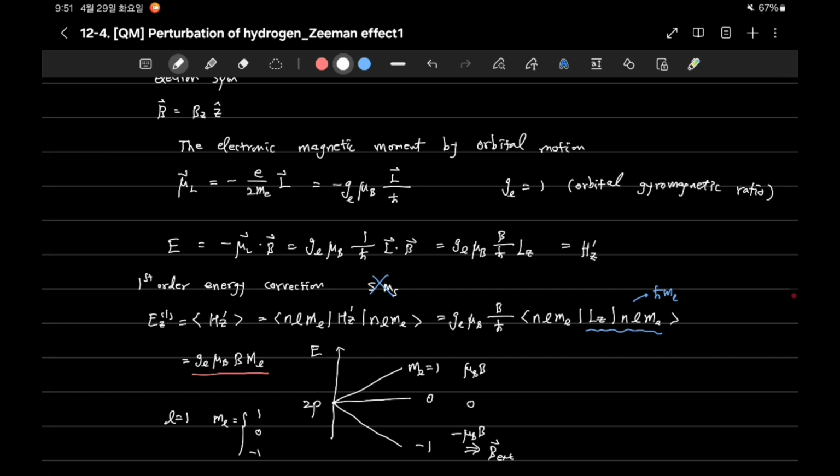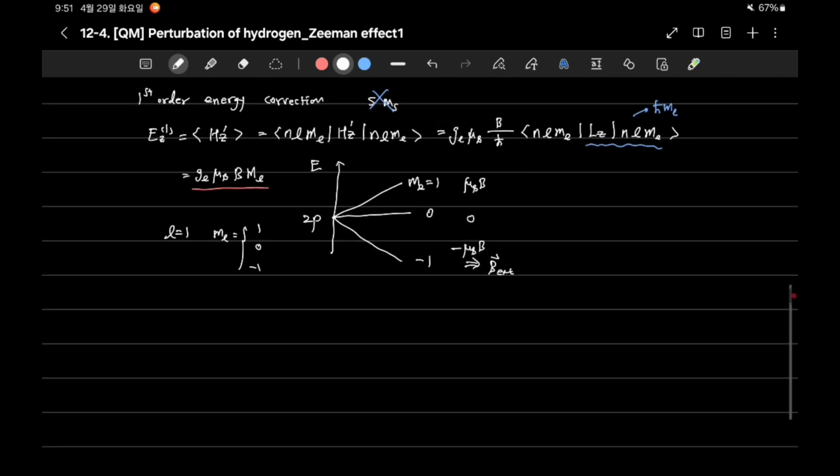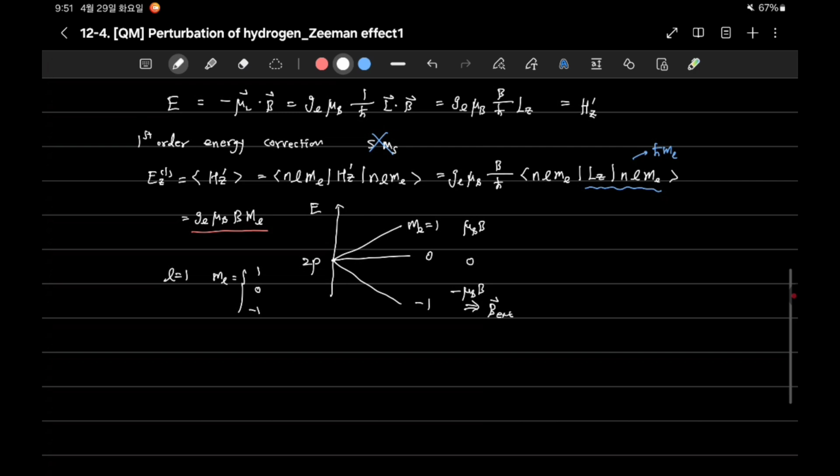We already studied the Stern-Gerlach experiment in the first semester. In the Stern-Gerlach experiment, the magnetic field is not static and uniform.